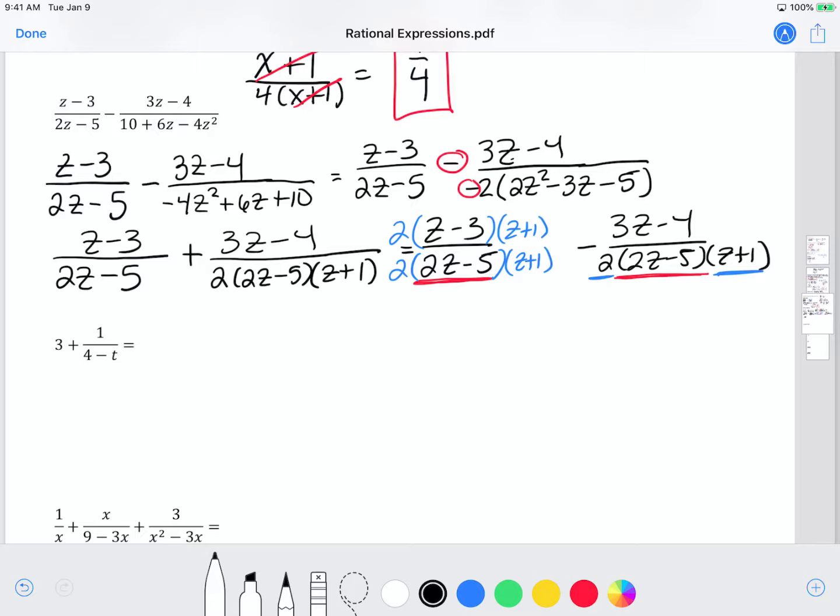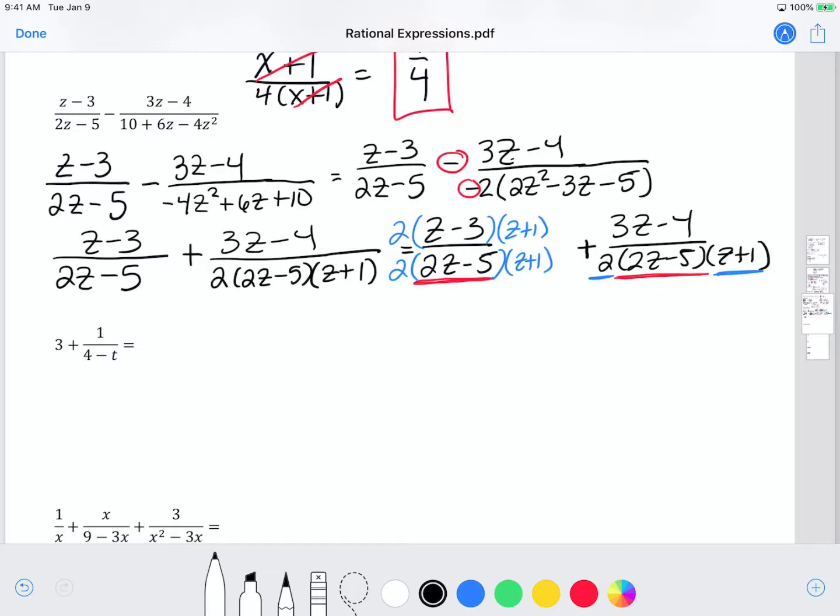So now let's multiply the 2, the z minus 3, and the z plus 1 in the numerator of the first fraction, and we can combine it with our 3z minus 4 in the other numerator in the second fraction. Since I'm running out of room here, I'm going to let you do the scratch work off to the side, and I'm just going to tell you what that is.